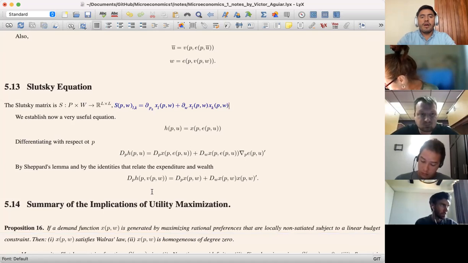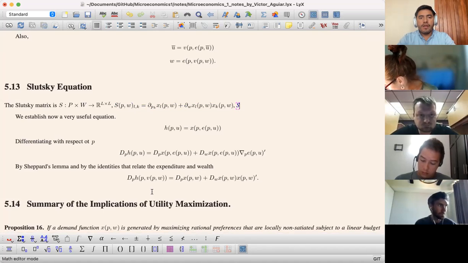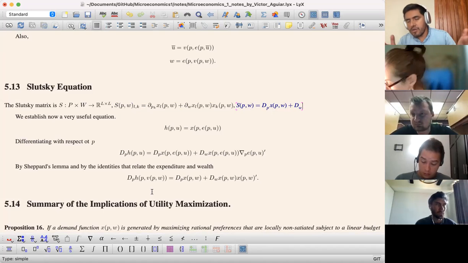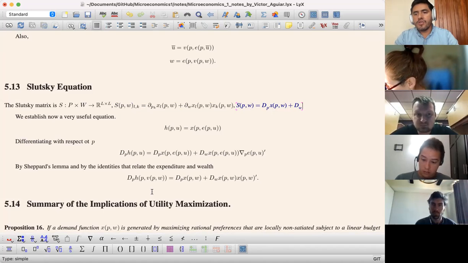And now I can also write it in the following way. So S(p,w) is going to be the Jacobian of x(p,w) with respect to prices, right? And, in fact, you can also write it as a gradient, but in this case, a Jacobian is more general than the gradient. Then the Jacobian with respect to income, which we know is a vector, of x(p,w), right?